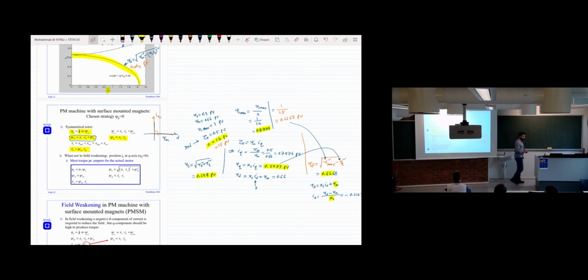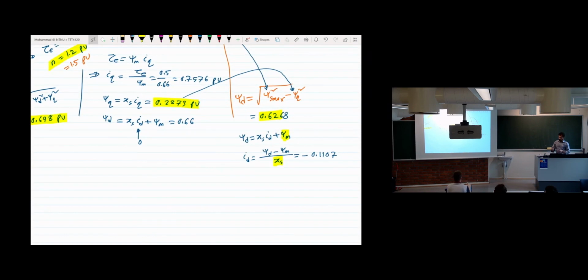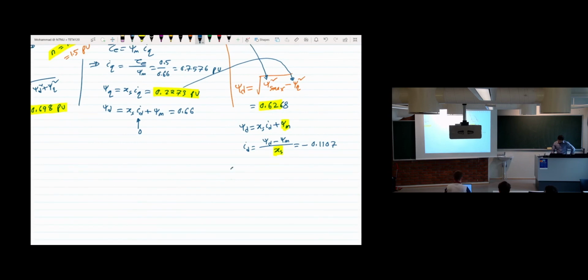And one thing we also need to look at here is that the stator current cannot be more than 1 per unit. This means Is should not be higher than 1 per unit. This means id squared plus iq squared should be less than or equal to 1 per unit.